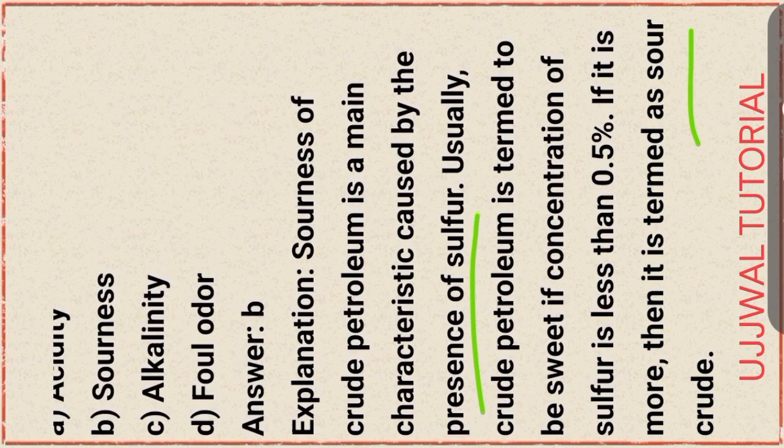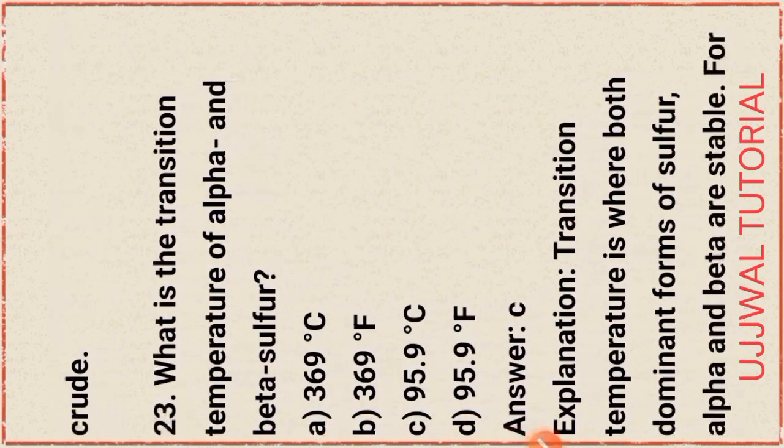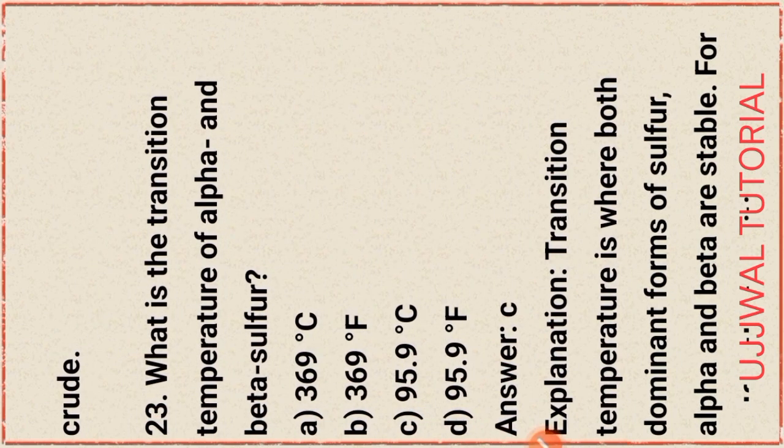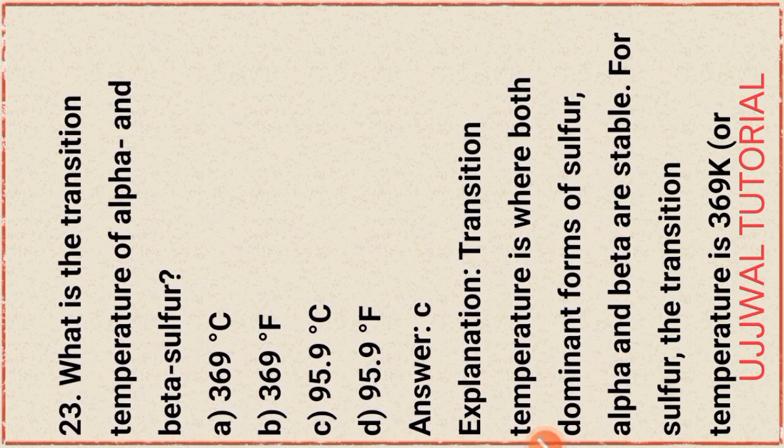Next question number 23. What is the transition temperature of alpha and beta sulfur? Okay. To explain this part, the answer is C, 95.9 degrees. Transition temperature is where both allotropic forms of sulfur, alpha and beta, are stable.